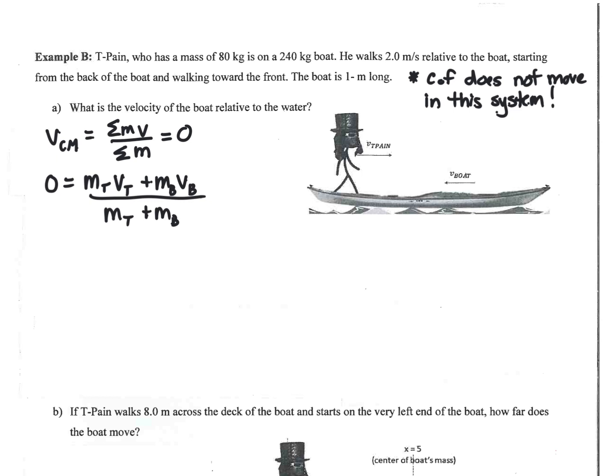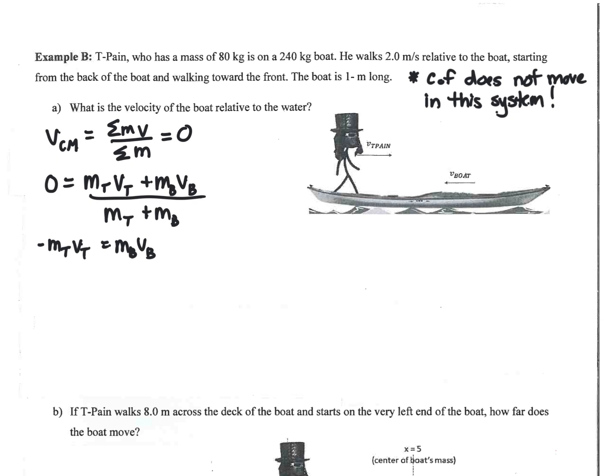First thing we can do is cross multiply, so the denominator goes away, and we're left with the mass of T-Pain times velocity of T-Pain equals the mass of the boat times the velocity of the boat, except negative.